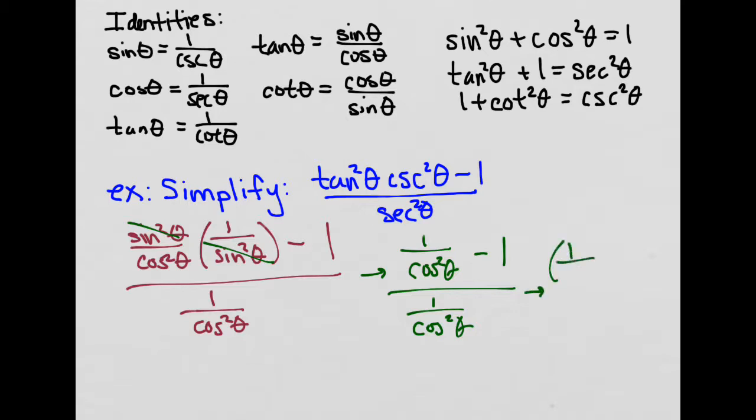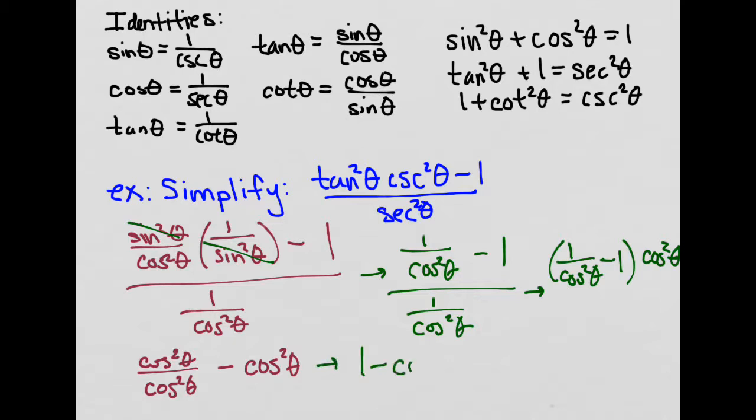So that'll be 1 over cosine squared theta minus 1 times cosine squared over 1, which is just cosine squared theta. Okay, if we distribute that, we get cosine squared theta over cosine squared theta minus cosine squared theta. And then you'll notice that cosine squared over cosine squared should just be 1. So that's going to give me 1 minus cosine squared theta.